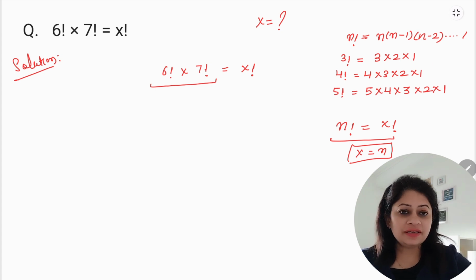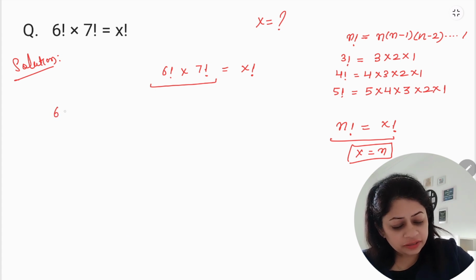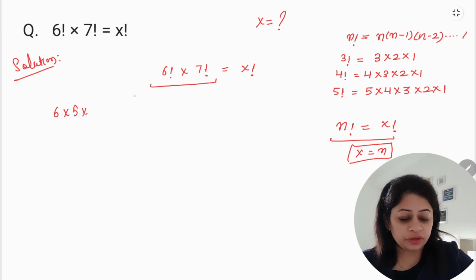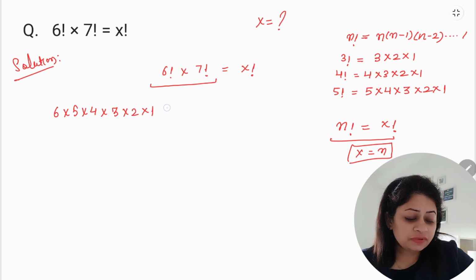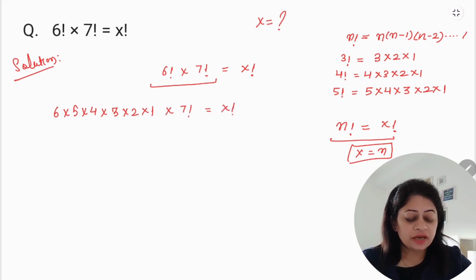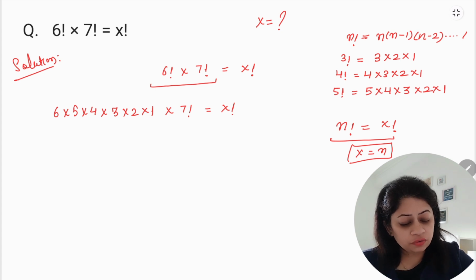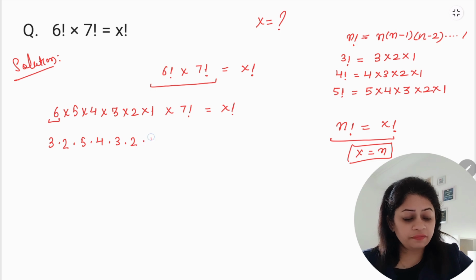So I need to solve this now. First I'll try to break 6. What is 6? 6 factorial is 6 times 5 times 4 times 3 times 2 times 1. Okay, times 7 factorial, I do not touch it first. Let us see what we get with 6 factorial. If I break it, I know 6 can be written as 3 times 2, right? Okay, 5 we have, 4 we have, 3 we have, 2 we have and 1, right? 1 we can ignore.